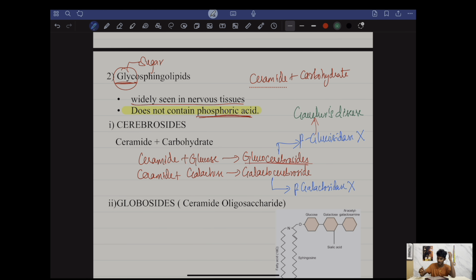Is it clear? And if beta galactosidase is absent, the disease is Krabbe's leukodystrophy. All the lysosomal storage disorders primarily cause mental retardation. For biochemistry, you don't have to learn all the clinical features. I just want you to learn the lipid accumulating and the defective enzyme.